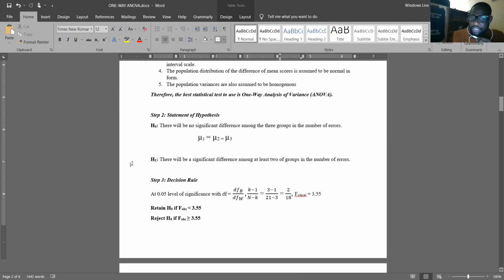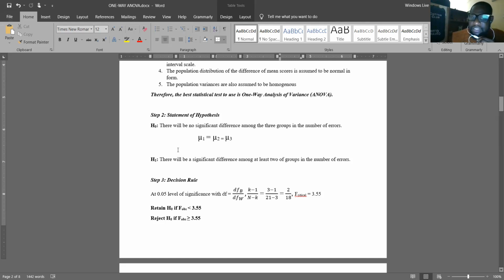So this is how we put it in a non-directional form. With H1, I just indicated there will be a significant difference among at least two of the groups in terms of number of errors committed. Then with H0, you just indicate there will be no significant difference among the three groups in terms of the number of errors.